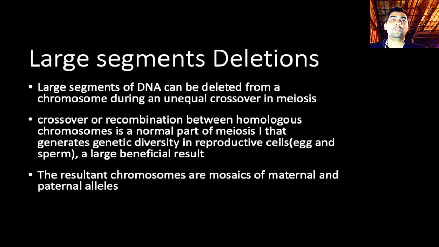Crossover or recombination between homologous chromosomes is a normal part of meiosis, one that generates genetic diversity in reproductive cells, in eggs and sperm. A large beneficial result.